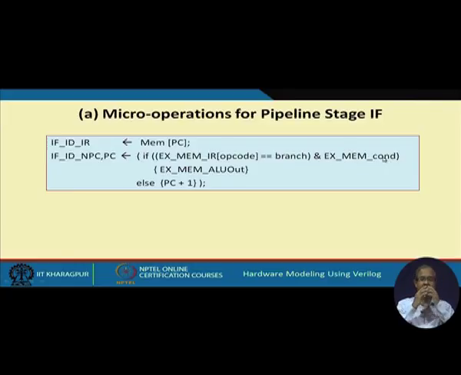You see, a branch instruction is fetched and decoded, but the branch condition will be known only when it has reached the EX stage. Just see this diagram once more.